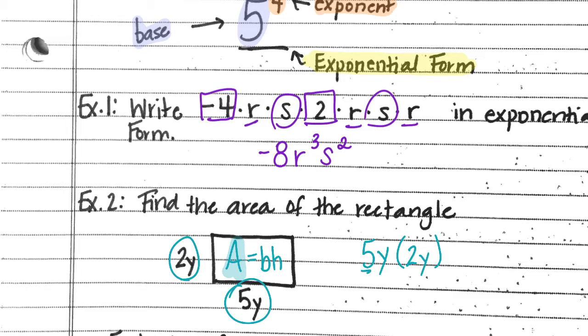Notice I have 5 times 2, which is 10, and I have 1, 2 y's, y squared. Remember that this is y to the first and this is y to the first. And the properties of exponents tell us when I multiply the bases, I add the exponents.